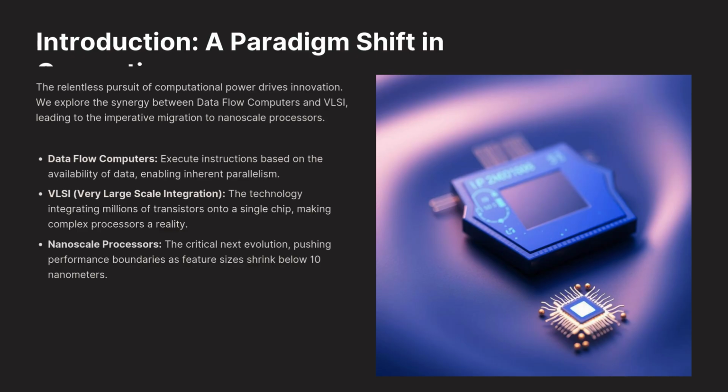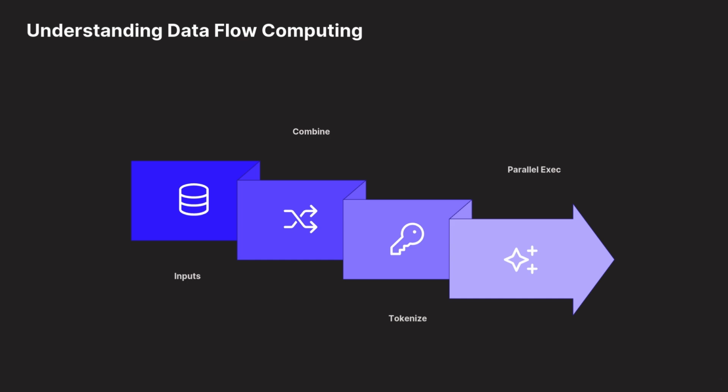VLSI technologies have moved toward nanoscale processors, and researchers have explored new architectures. One of them is the data flow computer. Unlike traditional machines, in a data flow system, instructions are executed as soon as the required data is available, not in a fixed sequence.